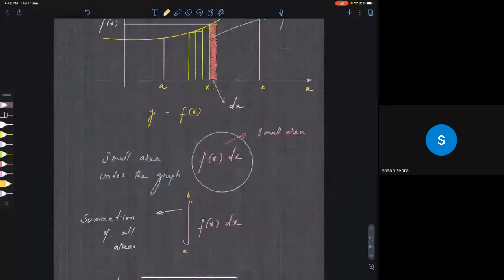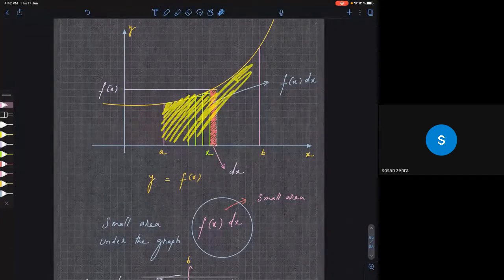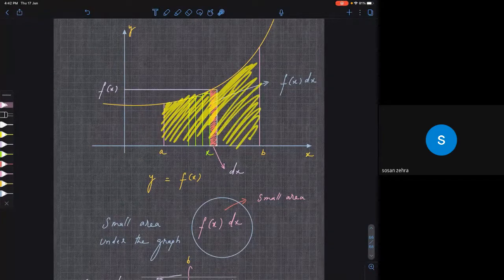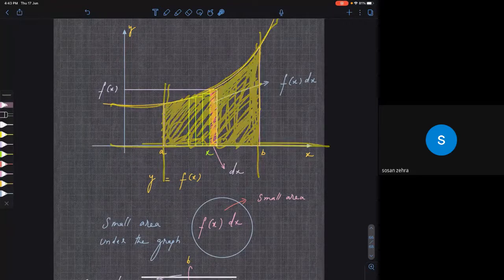So when I write the integral of f of x with limits a and b, I'll get the area bounded by x equals a, x equals b, this graph, and the x-axis. Are you getting my point?